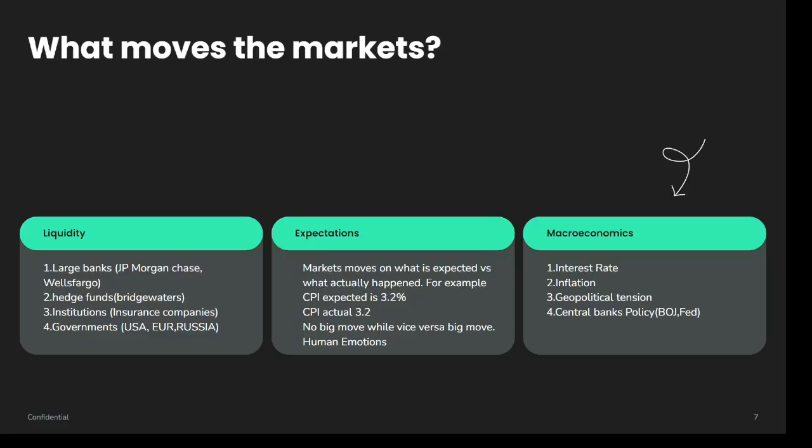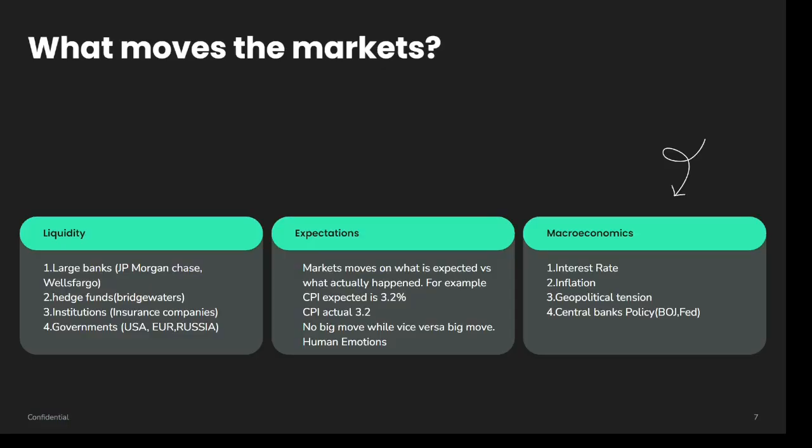CPI, the Consumer Price Index, is expected to be 3.2, and the actual is 3.2. This is data that they release every month. Because the actual and the expected are the same, there will be no big move. But if the expected is 3.2 and the actual is 2.8, there will be.